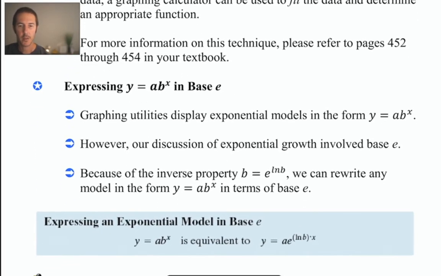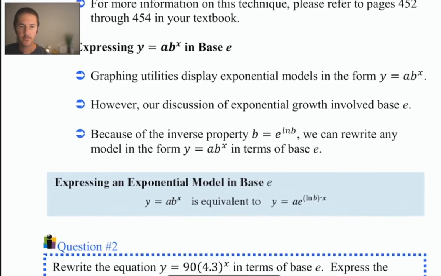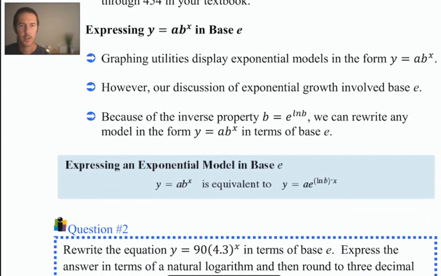And our final topic for this video, at least I think it's our final topic, is about expressing equations that are of this format, y equals a times b to the x, in terms of base e. It is, as we have seen, more typical for a growth or decay equation to be written in terms of a base e, which allows us then to use natural log as part of the solution process.